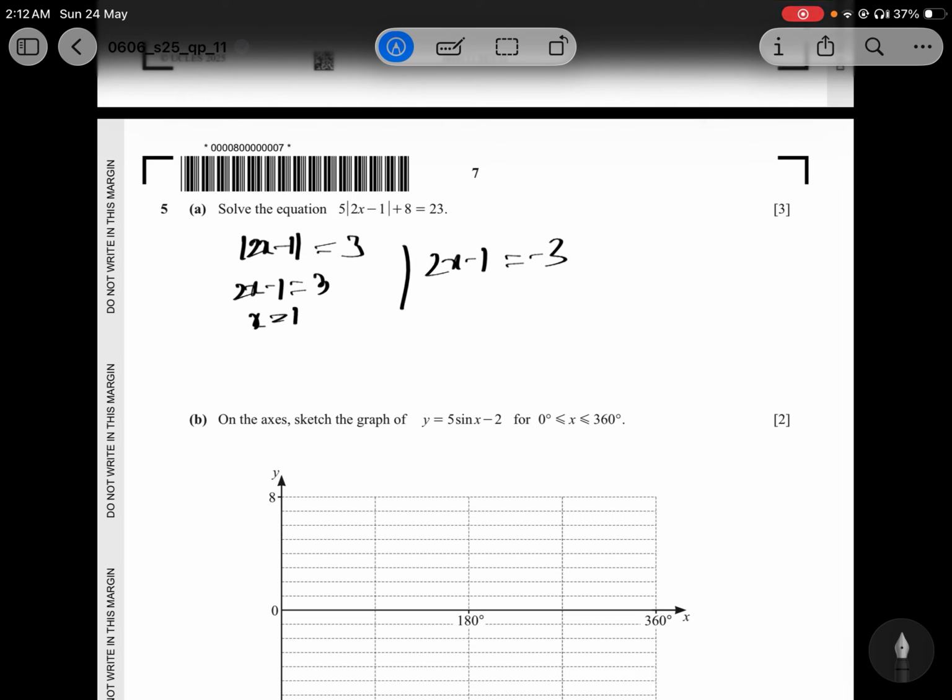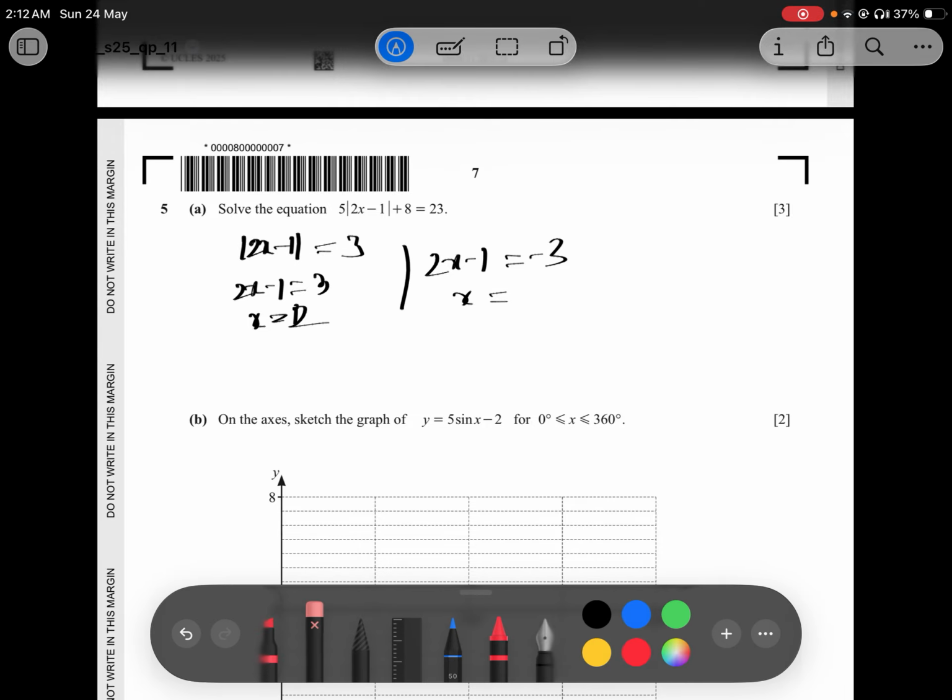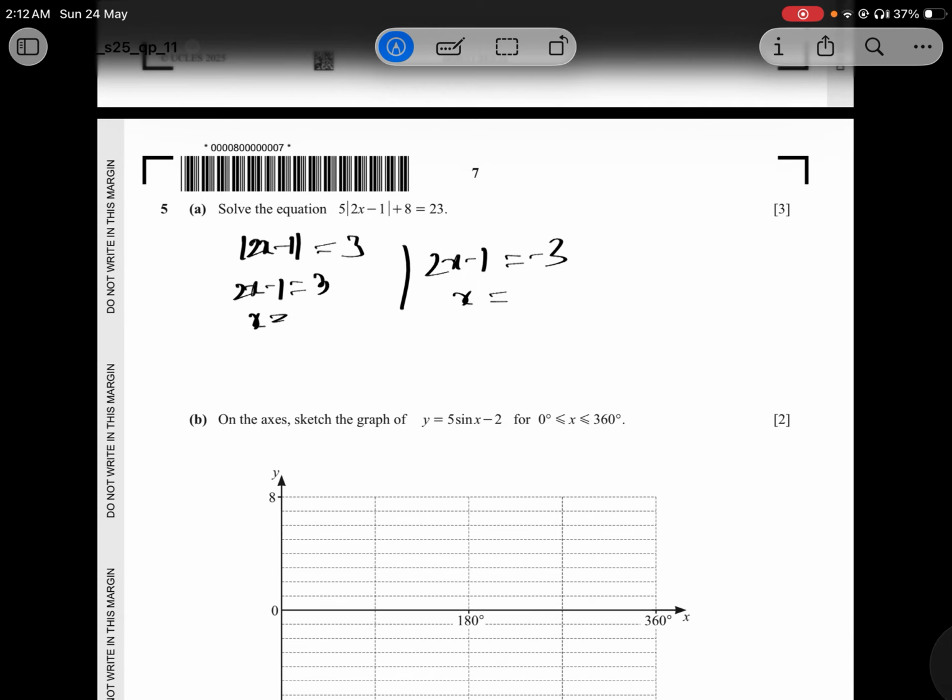So x is equal to 1 here, and 2 here. So minus 3 plus 1 becomes minus 2 over 2, which is minus 1. Okay, this should be the answer.